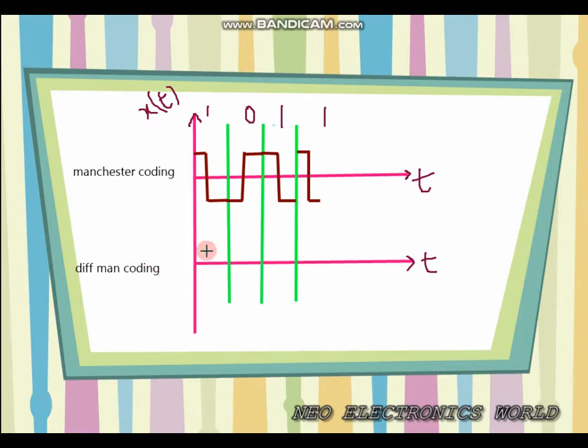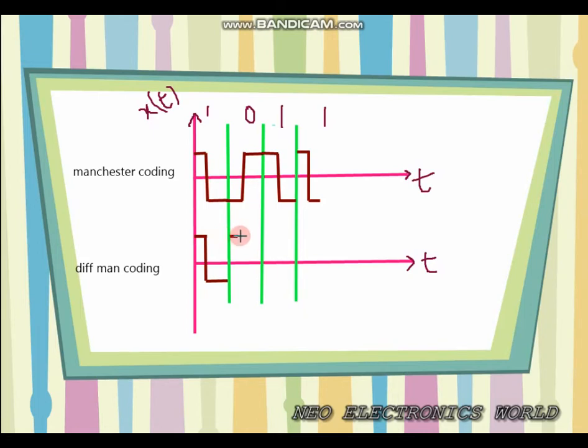Then what about differential Manchester coding? For differential Manchester coding, we can see 1 at positive half duration, similar to the Manchester coding. Then 0 will be starting from the opposite, from where we have stopped.